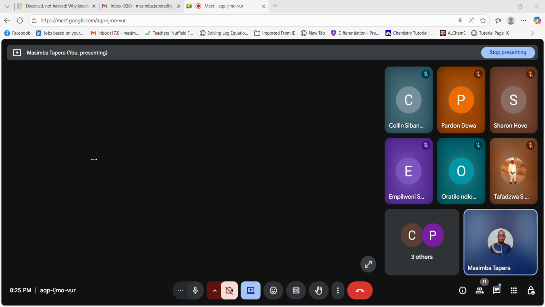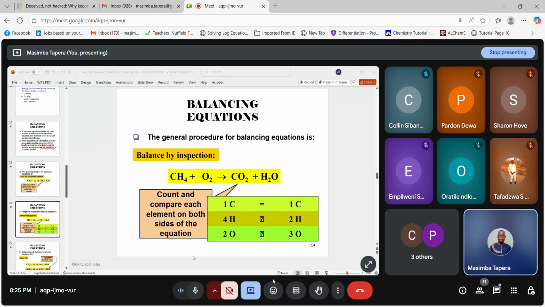Now let's see how we are going to balance this equation as a typical example. The general procedure for balancing this equation is to balance by inspection. When we say balance by inspection, you are going to count and compare each element on both sides of the equation.